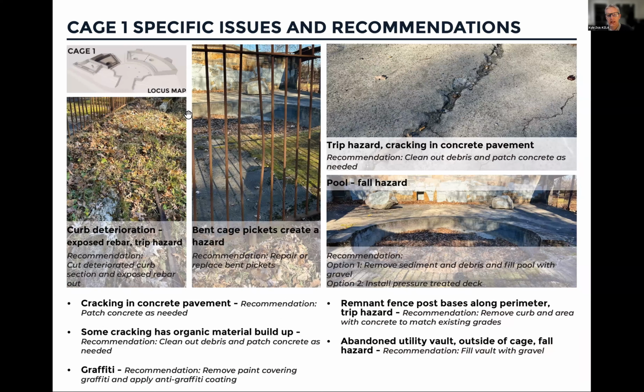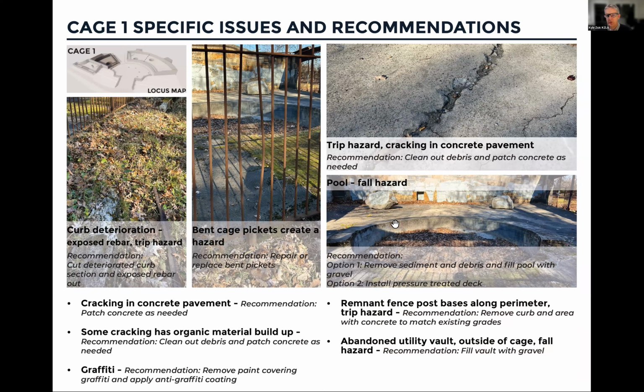And then the other cage 1 specific issues. Some of these are zooming into very specific things, but there are a lot of cracks in the pavement within the cage itself, and they would be cleaned out, and we would patch these so there's no tripping hazard. The pools, we have a couple options there.